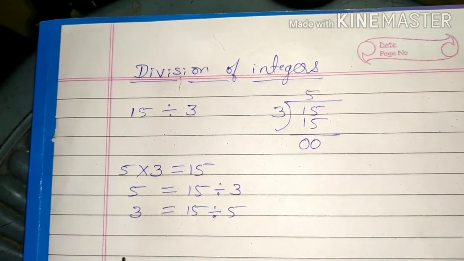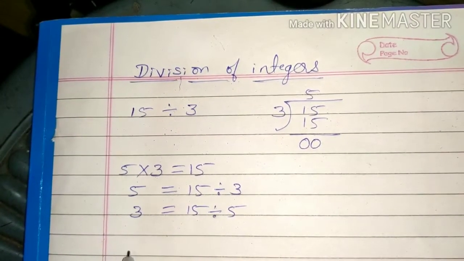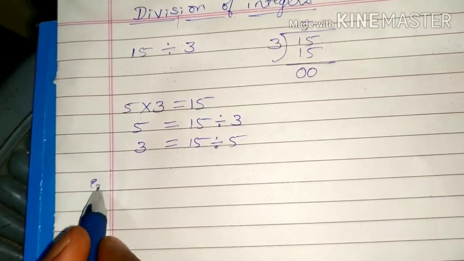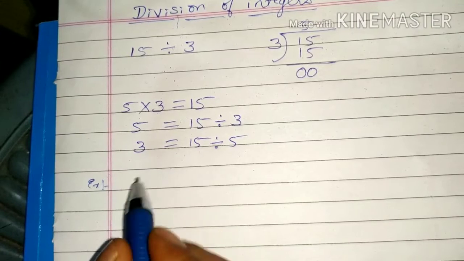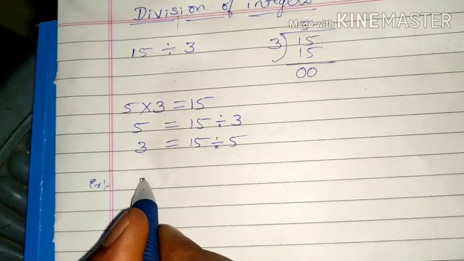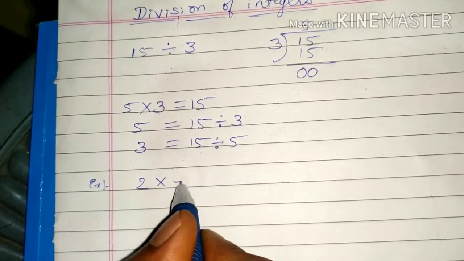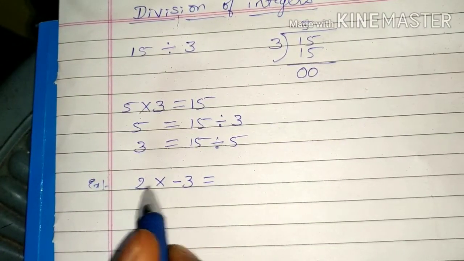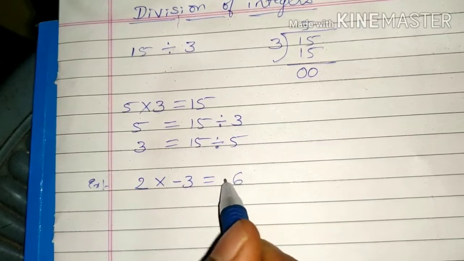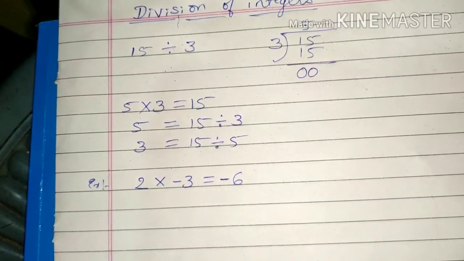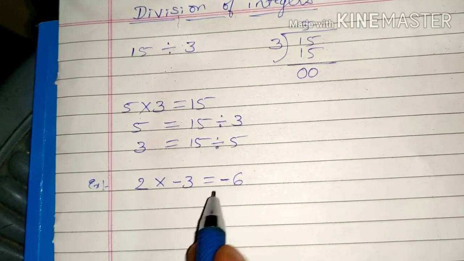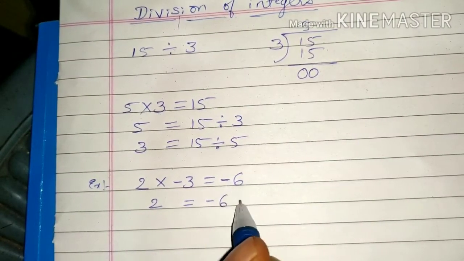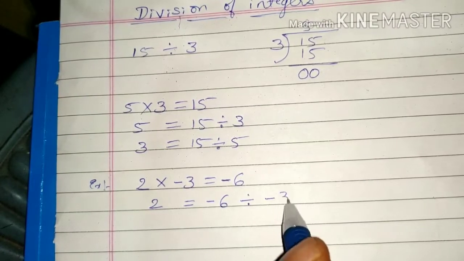Now let us discuss how to divide a negative number by a positive number, or a negative number by a negative number. Let me consider the first example. 2 into minus 3: 2 into 3 is 6, and it is minus 6. This can be written in the form 2 equals minus 6 divided by minus 3.